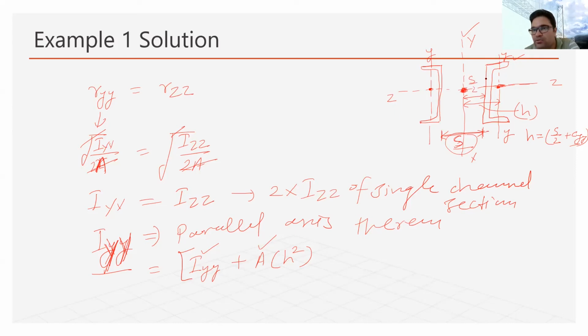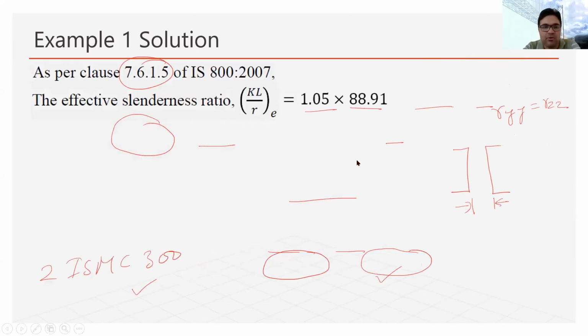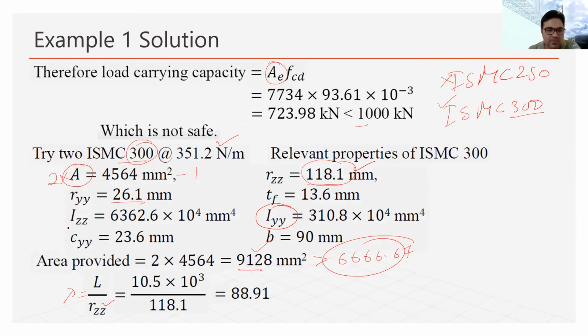Now we have to find this other value, which is called CYY. We can find this CYY value from the steel table. I have already noted that value down. The CYY value is 23.6.